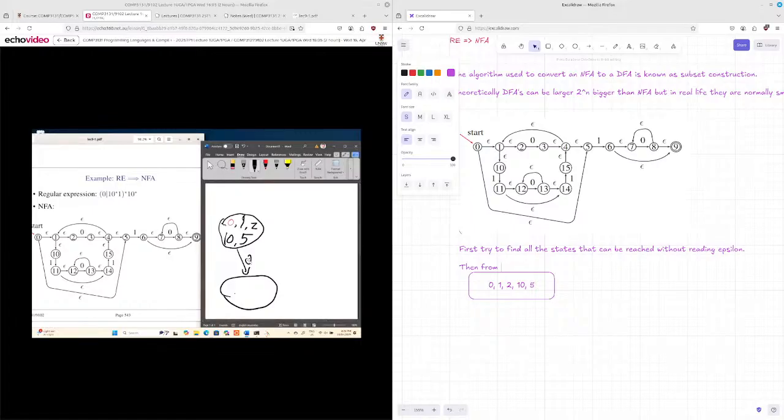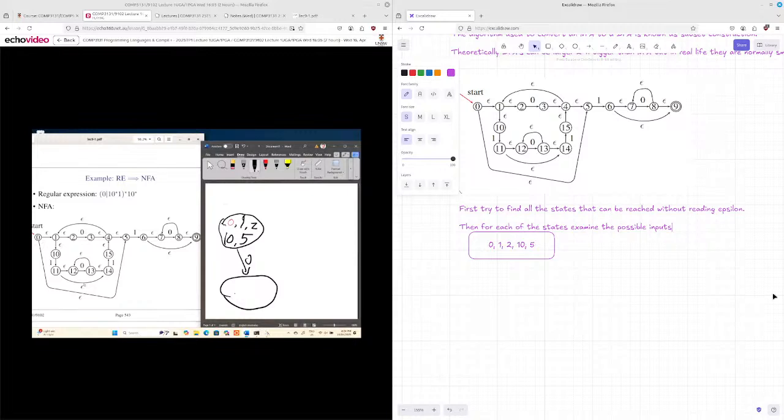Well, you just examine all these states one by one. Now you look at 0. If you start from 0, is there any transition labeled 0? No. Okay, you ignore that. Now you look at state 1.